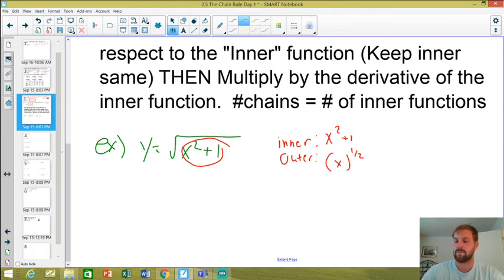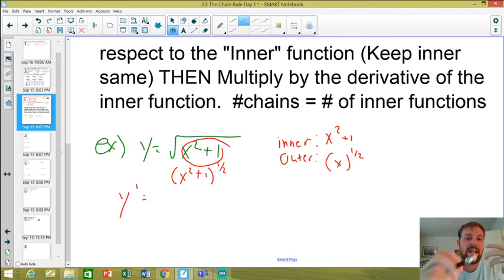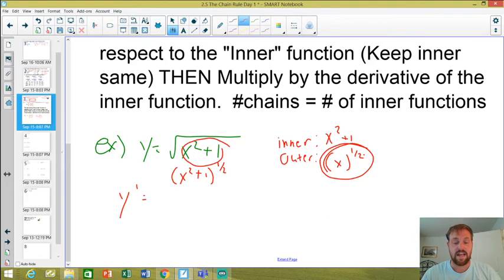So how this works, y prime is going to equal, and to help us see this, I'm going to write this as x squared plus 1 to the 1/2 power. Now, to take the derivative, we're going to take the derivative of the outside portion while leaving the inside untouched. So how would I take the derivative of some quantity to the 1/2 power? Well, it's power rule. So I'm going to bring down the 1/2.